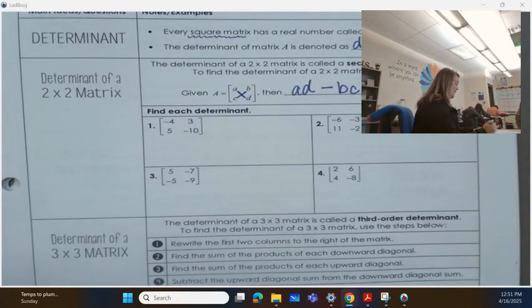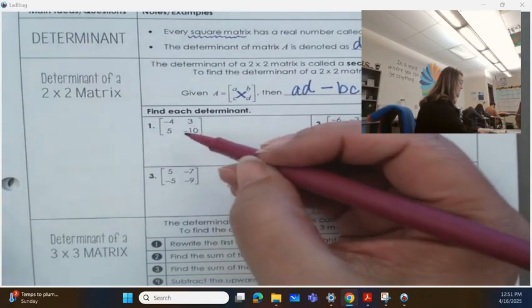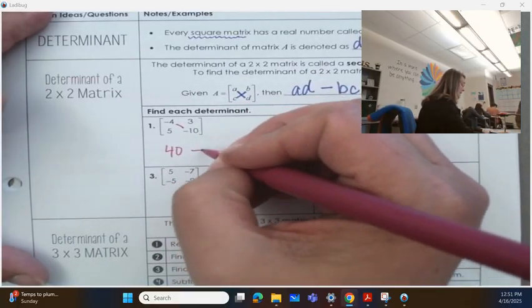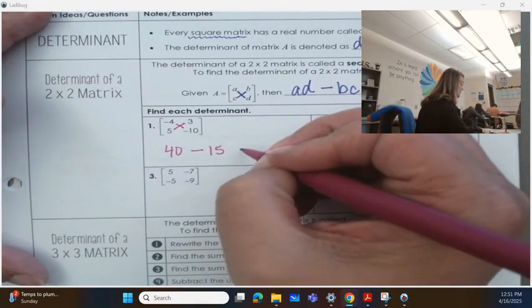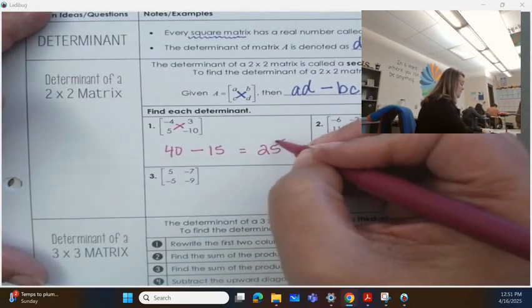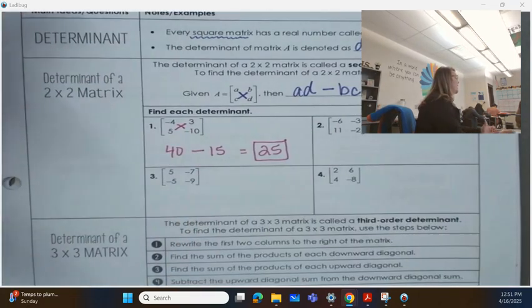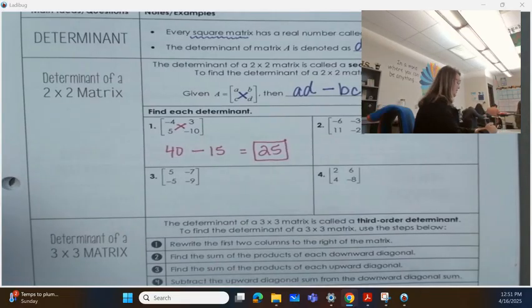Because like number one, I can just look at that and I know that negative 10 times negative 4 is positive 40, minus 5 times 3 is 15. 40 minus 15 is 25. 25 is the determinant associated with that square 2 by 2 matrix. I don't know that I could have gotten to the second matrix yet and typed all that in as fast as I could have just done the math.